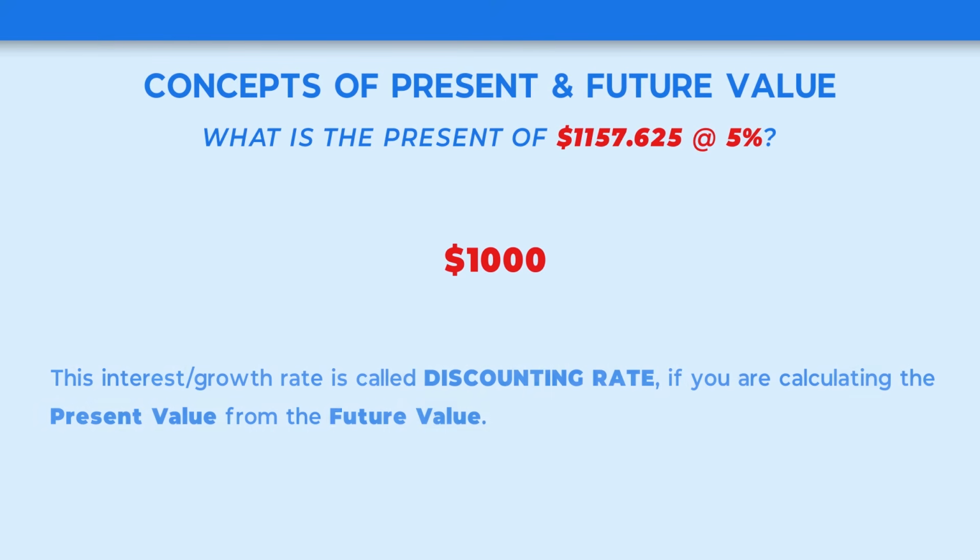Now, this interest rate, or this growth rate, is called the discounting rate if you are calculating the present value from the future value. In another video, I am going to explain the concept of discount rate.